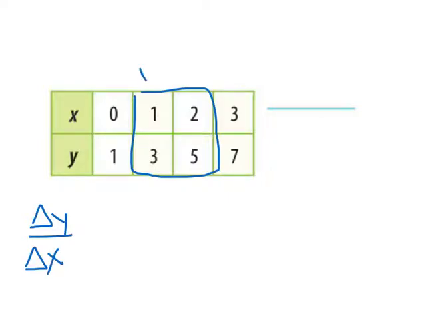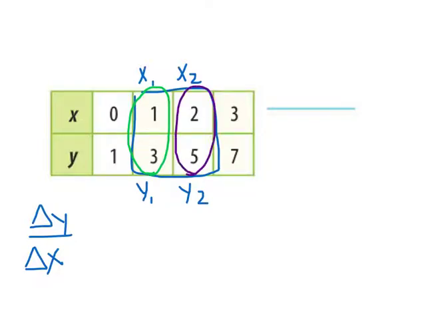So these can be our x1s and our x2s, and y1, y2. I had to be consistent and say that these were both my x1 and y1, and these were my x2 and y2. So I'm going to subtract my y2 minus y1, then x2 minus x1.